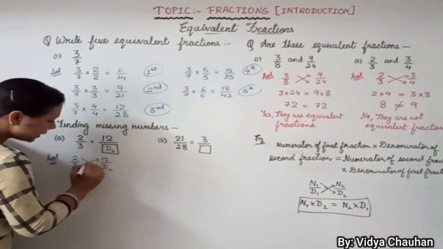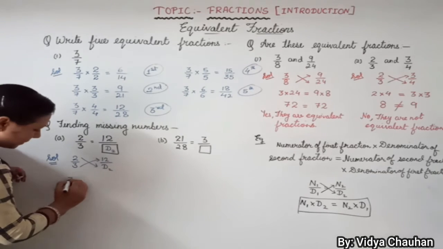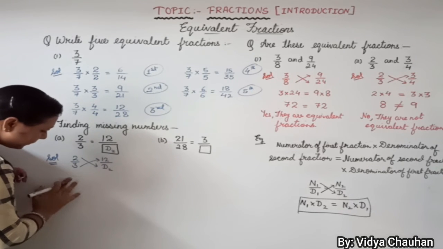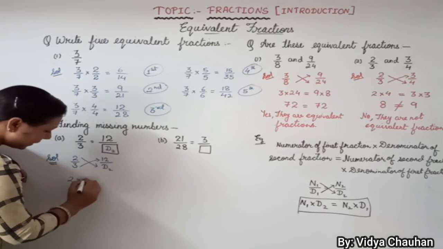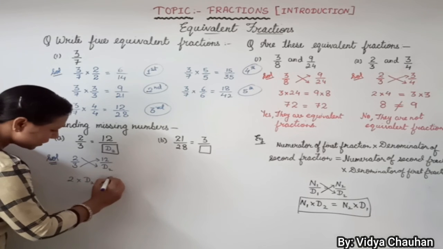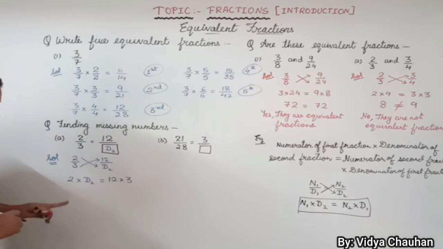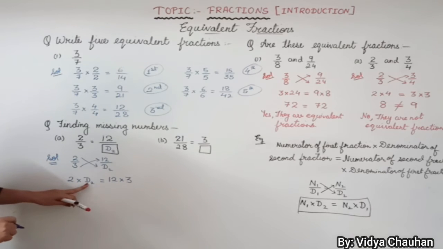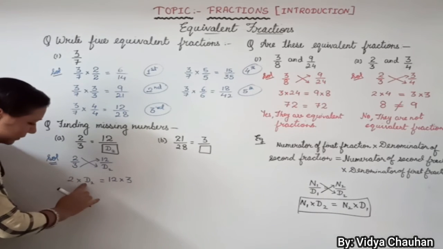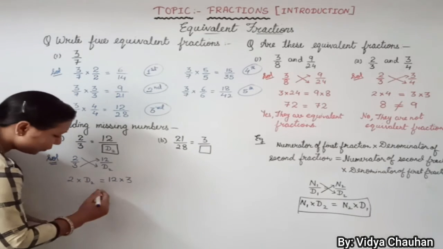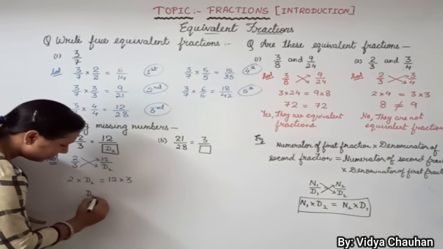So let's cross multiply here. So if I cross multiply, it becomes 2 multiplied by D2 equals to 12 multiplied by 3. Clear? Now I have to find the value of D2. So what I will do, 2 is multiplied here, I will shift 2 to this side, so it will basically become divided.